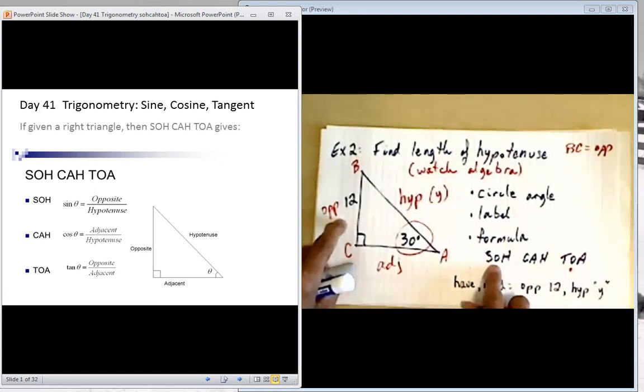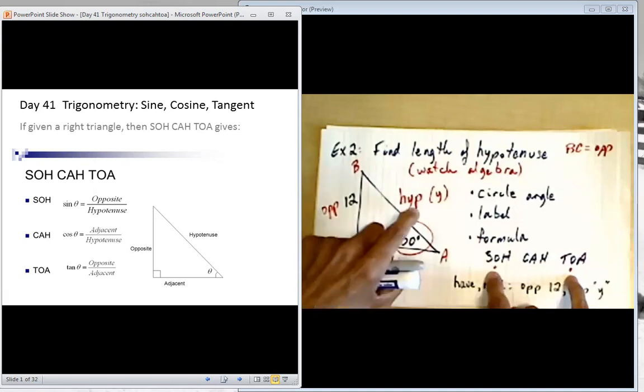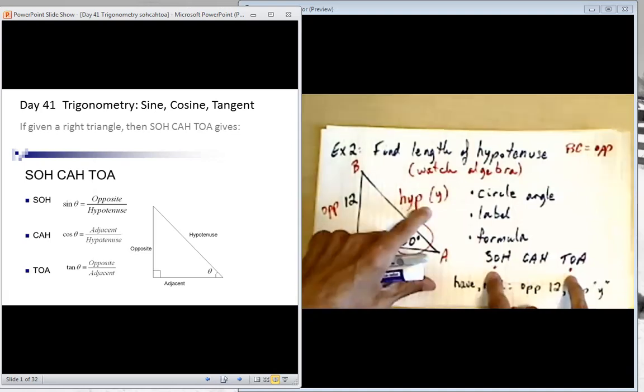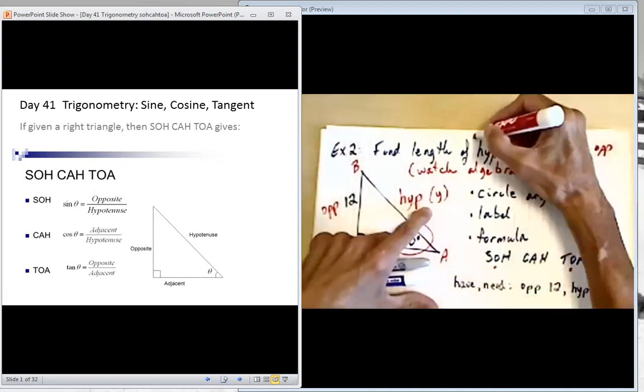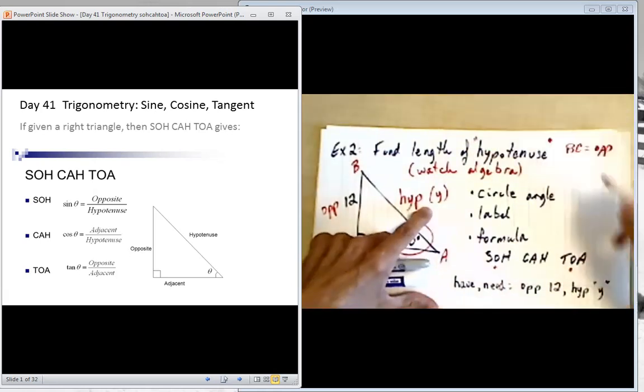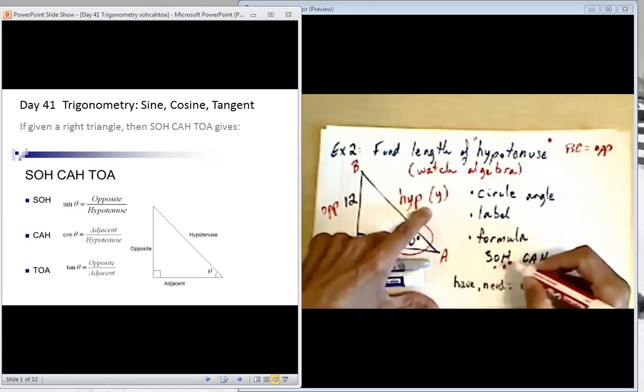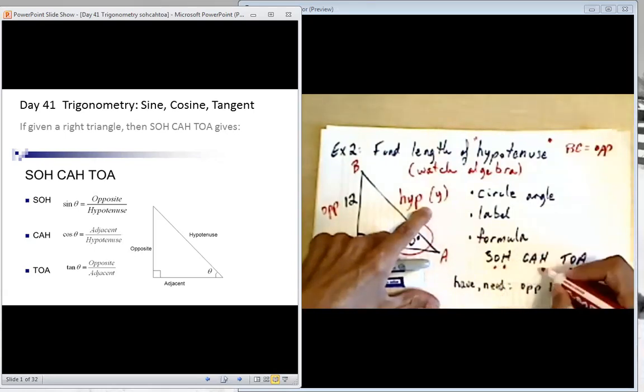That's O for opposite. So a little dot there. We're looking for hypotenuse because the question said so. So we got to have H, otherwise it won't be helpful, right? We need H for the hypotenuse.